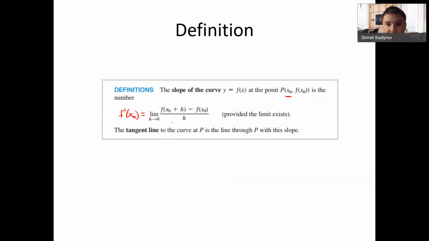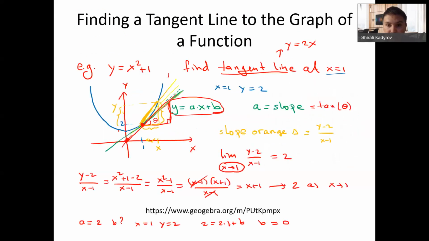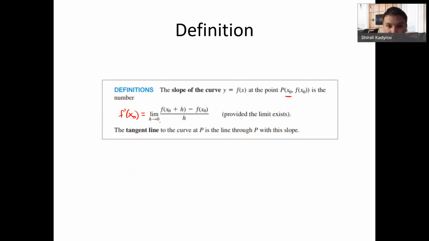So what we did was slightly different here, right? I mean, we don't have h here. Somehow we let x go to 1, not h go to 0. But this is more or less identical, because in our case what we did is the following. We said x goes to x0. My x0 was 1. Here I have f of x minus f of x0 divided by x minus x0, right?